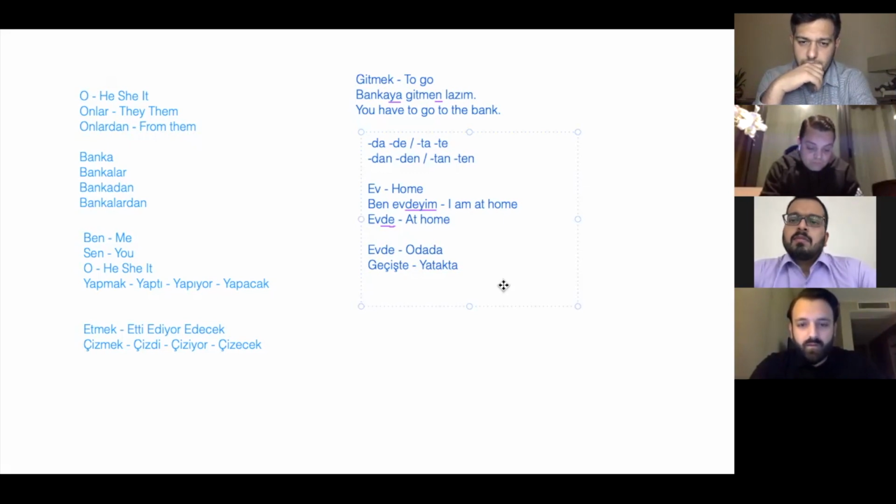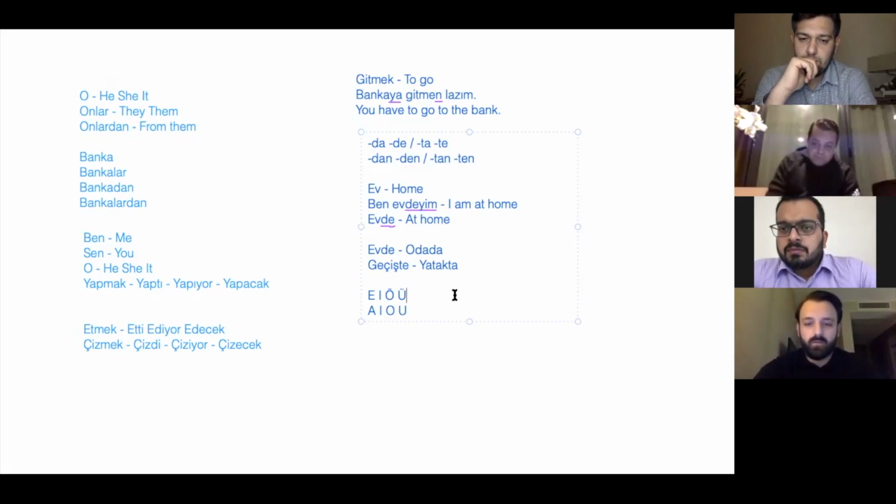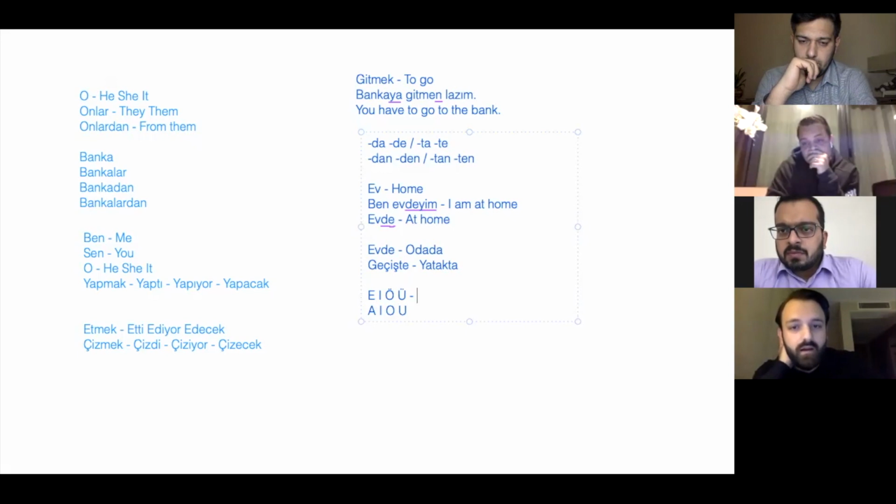The letters or vowels E, İ, Ö, Ü, and A, I, O, U. So the ones on the bottom are considered to be sert. Would that be correct? They're stronger vowels compared to the other ones, which are softer. So depending on those vowels, there's a typical rule to this.